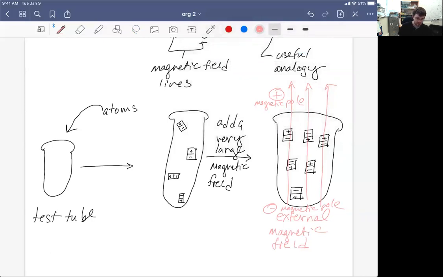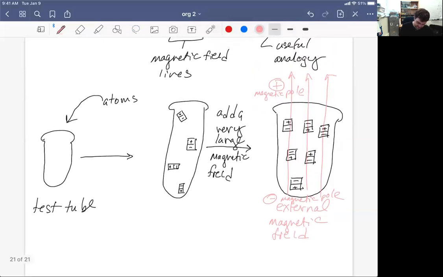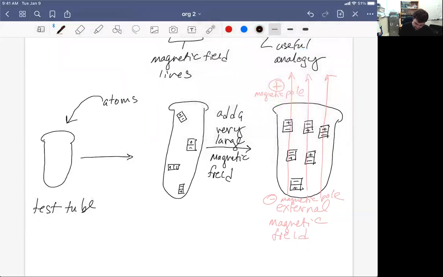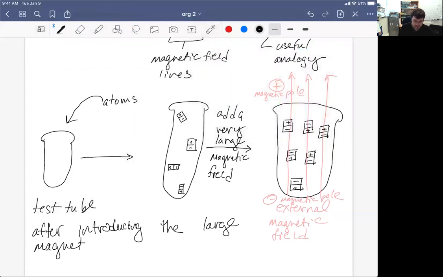So there are a few observations to make about this situation. Number one, after introducing the large magnet, put a star next to this, 1/2 are aligned with the big magnet.